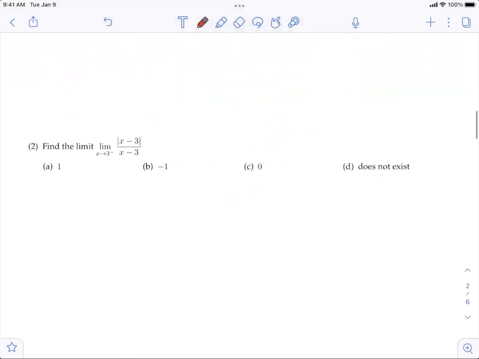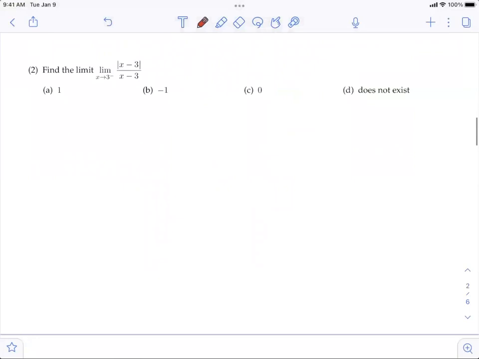Now moving on to the next problem. Here you have a piecewise defined function, and you have to be careful when you have the absolute value part in your function. The question is to find the limit of the function as x approaches 3 from the left. Let's analyze this problem a little bit, especially the part where you have an absolute value.